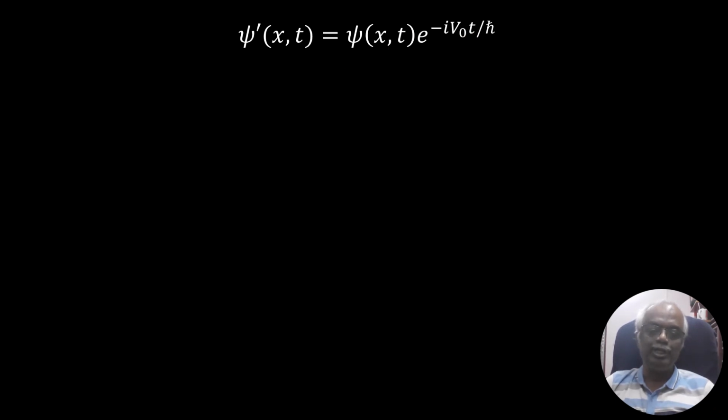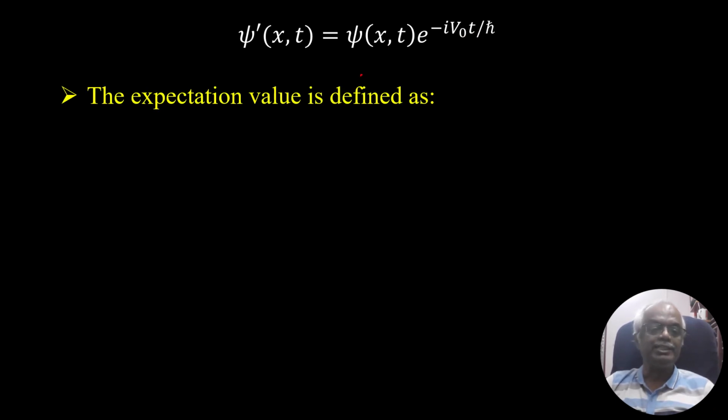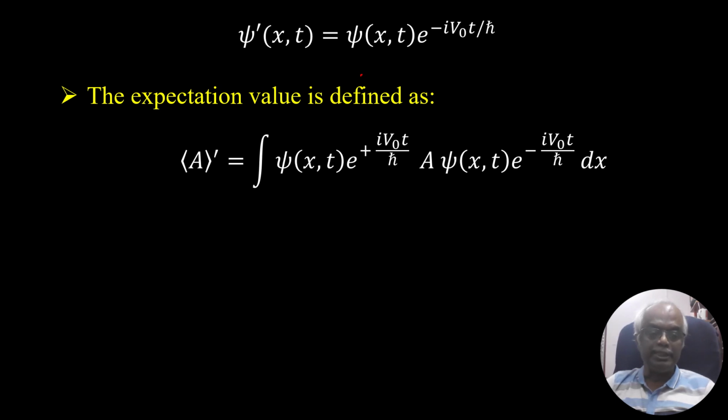So now we have to find the expectation value. By definition, it is the expectation value of A', because we are dealing with the new wave function. So the integral of ψ*(x,t), we are replacing ψ' as ψ(x,t) e to the power, because it's a bra vector, in the vector notation it's a complex conjugate. So this minus will become plus here.